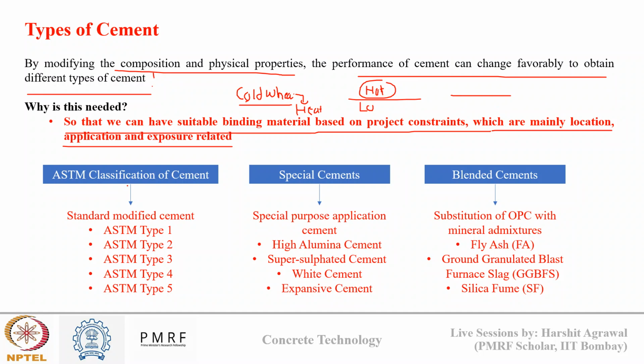Today we'll discuss a few types of cement which are categorized in three categories. First is the ASTM classification of cement, type 1 to type 5. Then there are special cements like high alumina cement, super sulfated cement, white cement, and expansive cement. And then there is blended cement, which includes mineral admixtures like fly ash, slag, and silica fume.